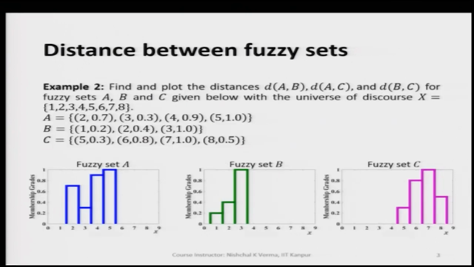In this example, we have three discrete sets A, B and C, and as I mentioned, these are all discrete fuzzy sets. Since these are discrete fuzzy sets, we will apply the summation sign, and we can accordingly get all the values of the table that I already mentioned in the last lecture.